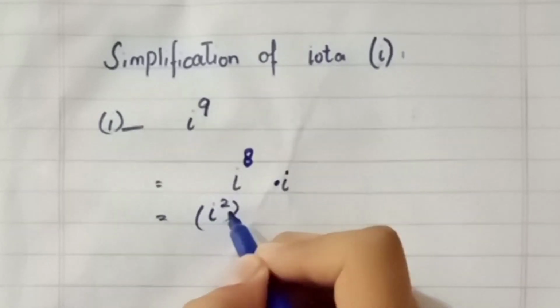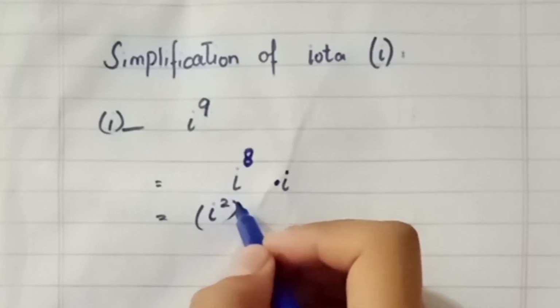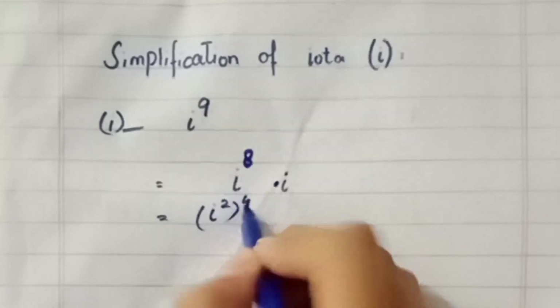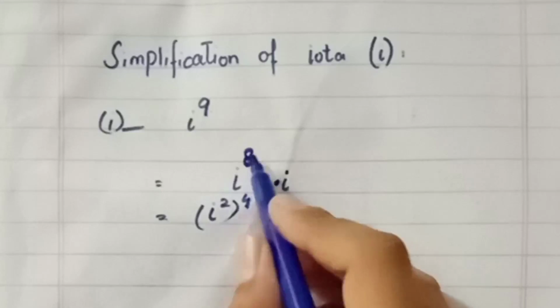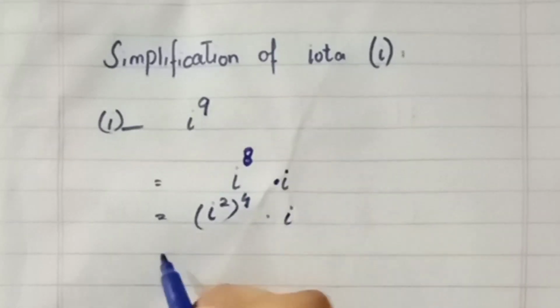A complete square could never be made for an odd number, so that's the reason we have concluded it through an even power. So 2 4s become 8, and iota 2 4 is iota 8, and that single iota remains as it is.